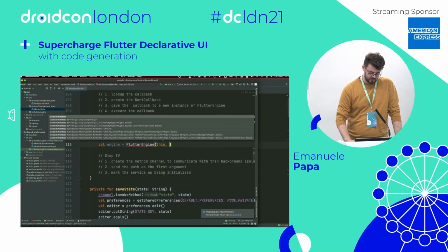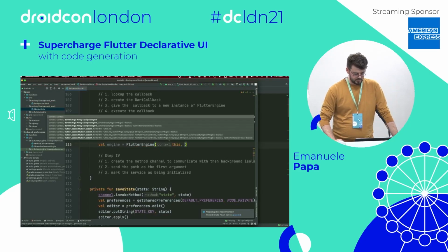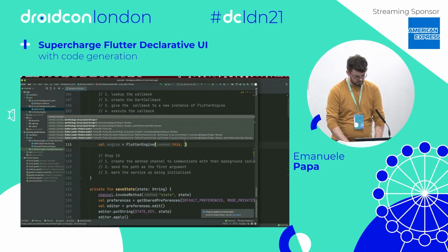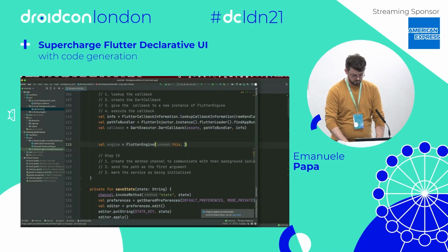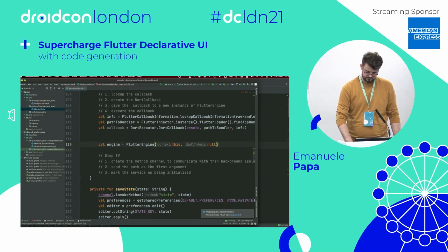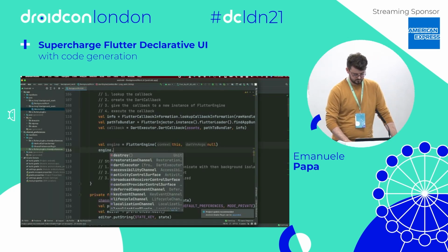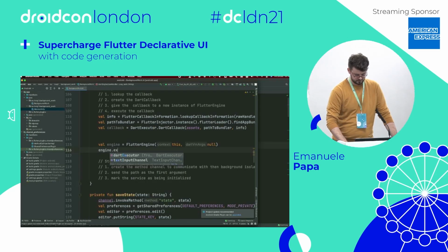The service is obviously a context, we can give it. And then we need the arguments, so it's going to be null in this case. We don't need it. And then we say engine dart executor execute dart callback.